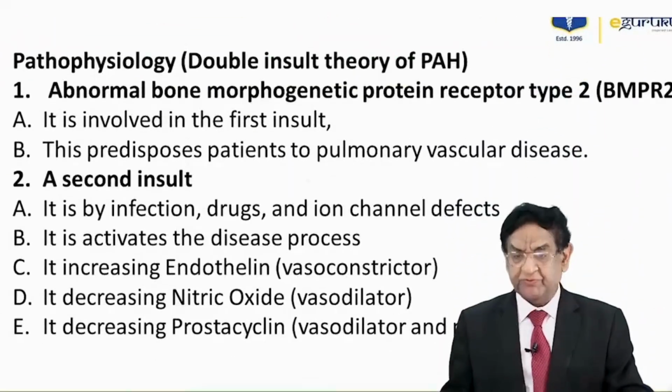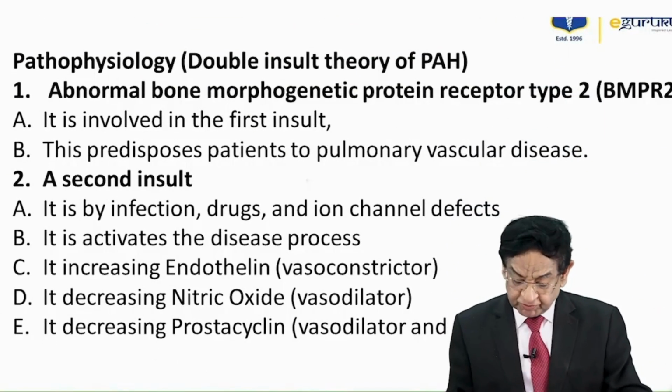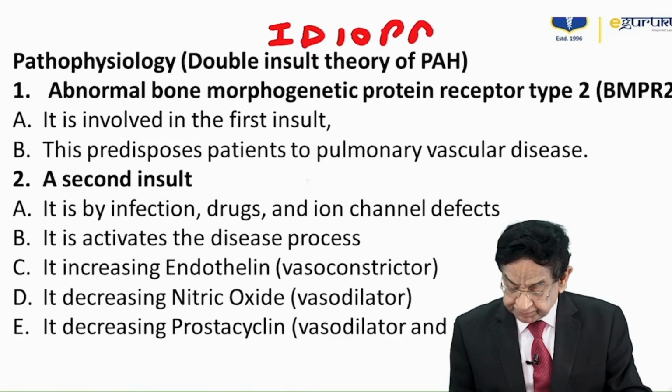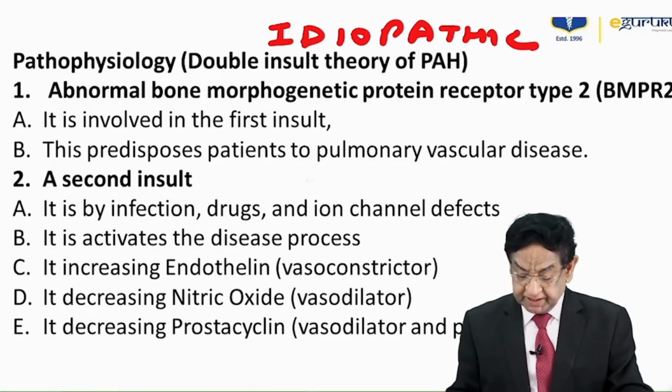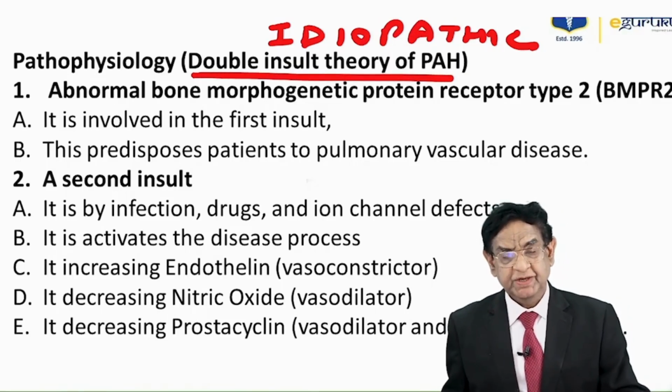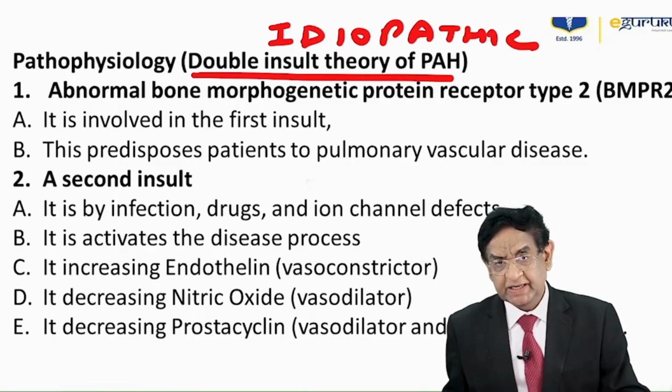Now, what is the pathophysiology of PAH? Of course, no need to say I'm talking about the idiopathic variety. Well, a very famous double insult theory has been proposed for the idiopathic variety. What is this?